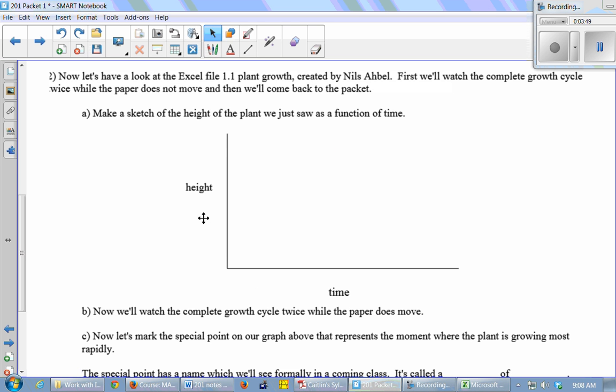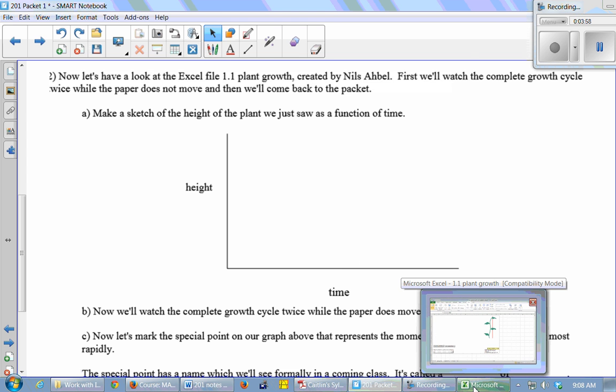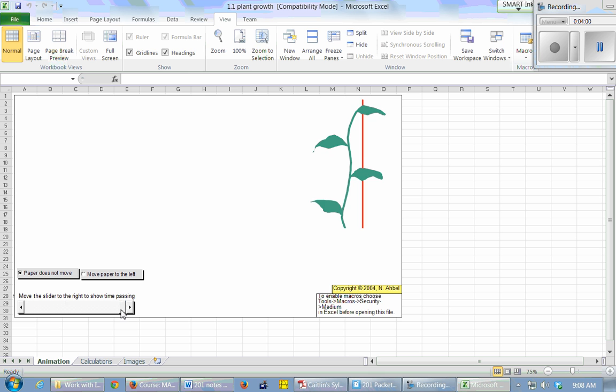Based on that little animation, we'd like to make a sketch of the height of the plant as a function of time. So maybe we'll watch it one more time, keeping in mind what we want to graph: its height as a function of time. Take a minute and just draw a little sketch. I'll play it a couple more times.